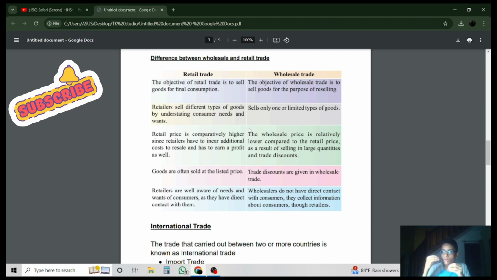So they know which brand you prefer, and they can always buy that item from the wholesalers and sell it to you. That means the retailers know the wants and needs of the consumer, right? Now I think you have a clear understanding about the difference between wholesale trade and retail trade.